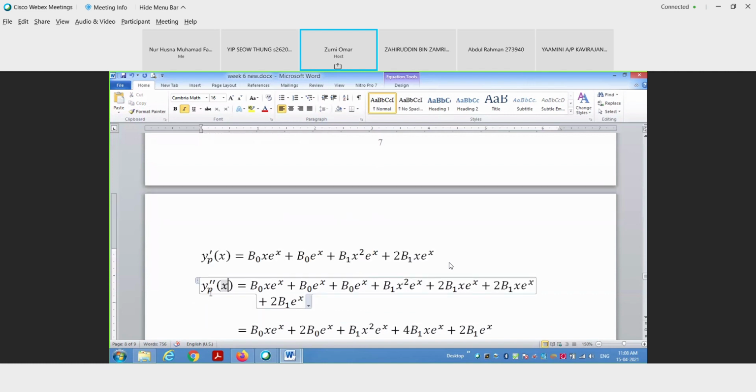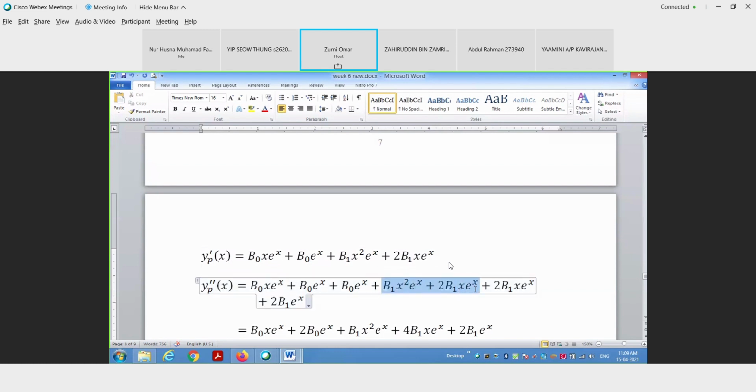To find yp double prime, you differentiate each of these terms. You differentiate this, we get the first two terms. Then you differentiate b0 e^x, you have b0 e^x. You differentiate b1 x squared e^x, you have b1 x squared e^x plus 2 b1 x e^x.